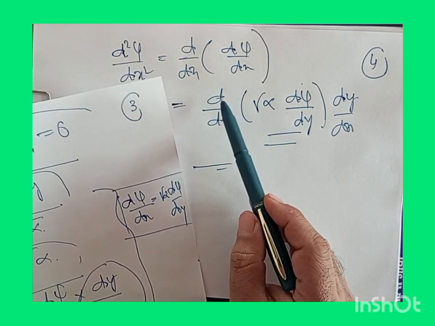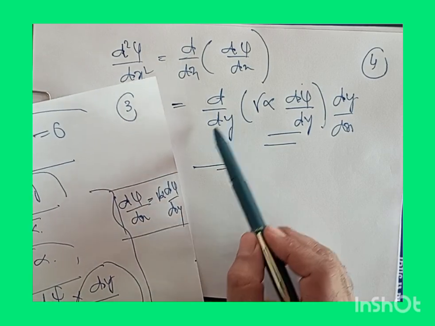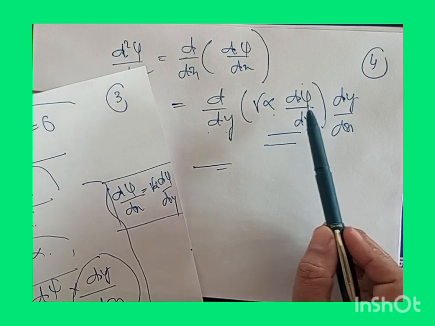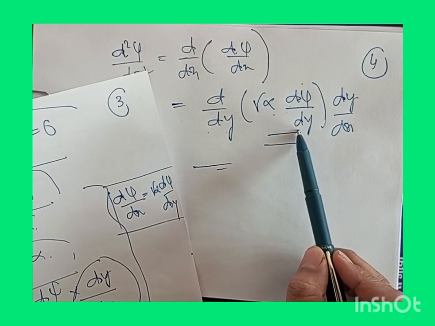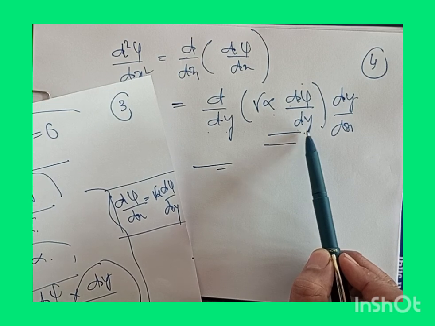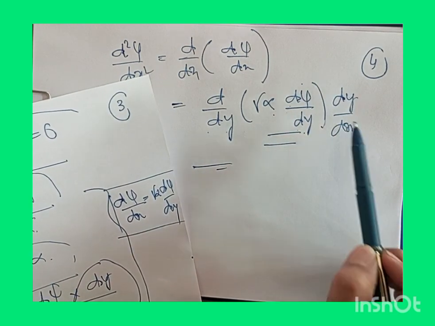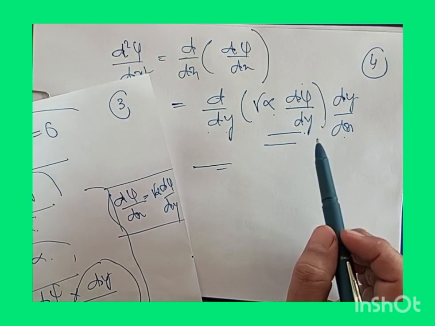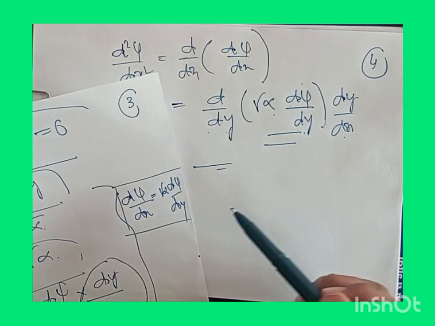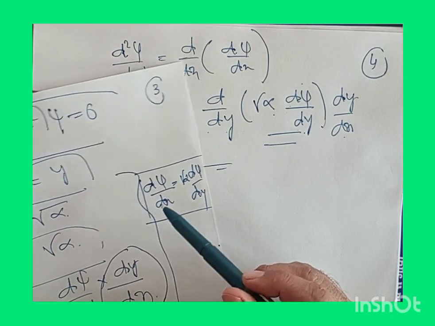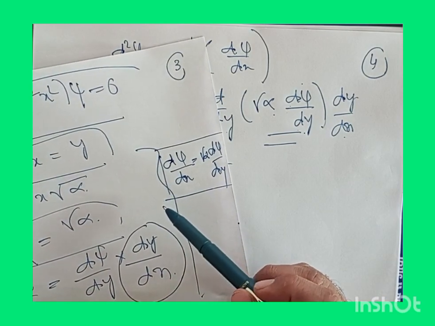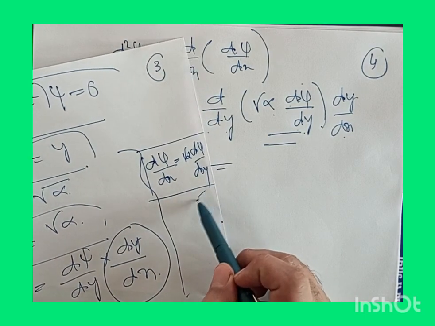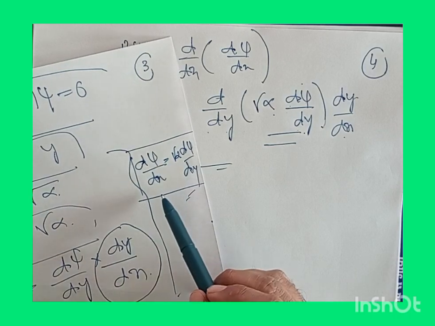So what we are trying to write here is d by dy of under root of alpha, then we have d psi by dy, and then we have dy by dx.